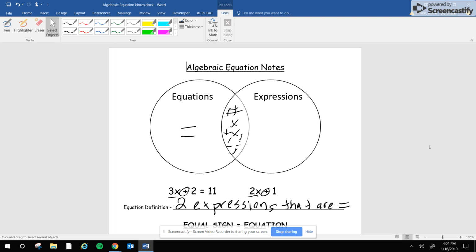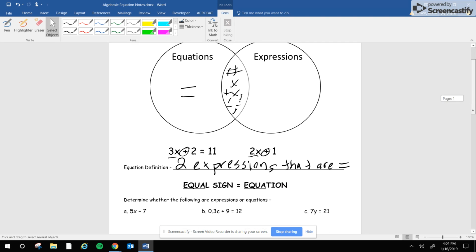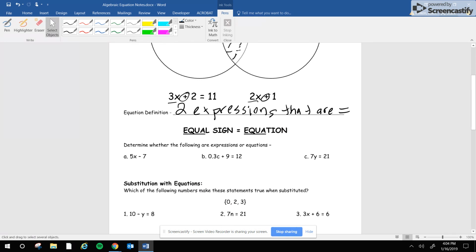If you look and you see this, we have EQUA, an equal sign, and EQUA, an equation. So basically an equation, the root word equa, is the same thing as equal.